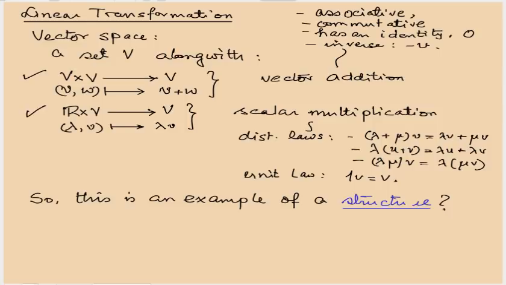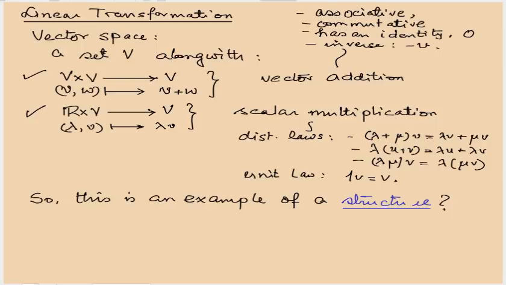So to each pair of vectors we have a unique vector called its addition and written as V plus W. That is a structure that is being imposed on the elements of the set V. Furthermore, to every real number and a vector V, there is another vector called lambda times V, or its scalar multiple. So that is also another kind of a structure.